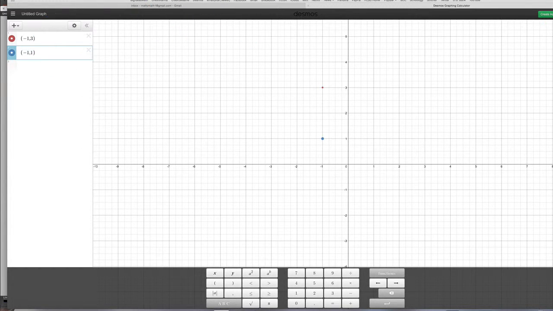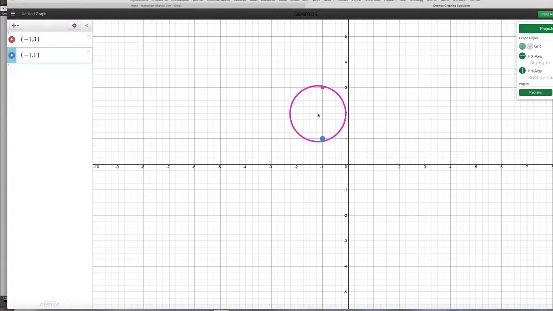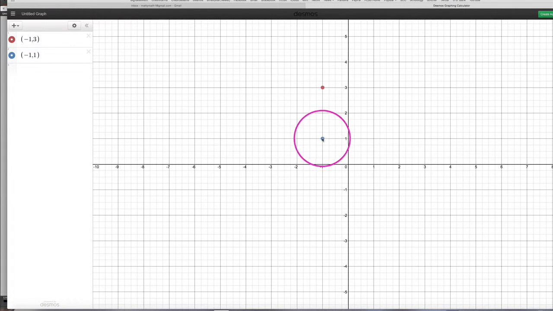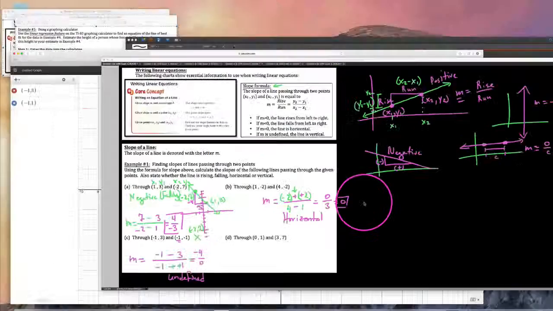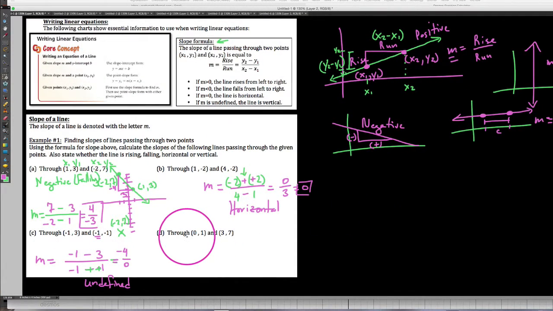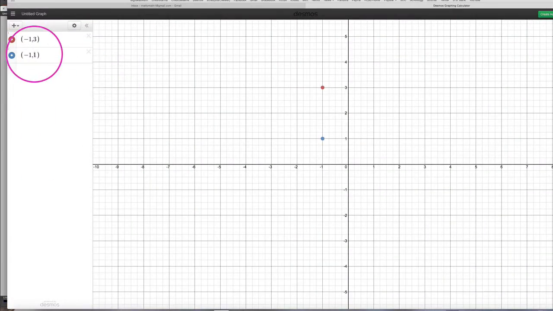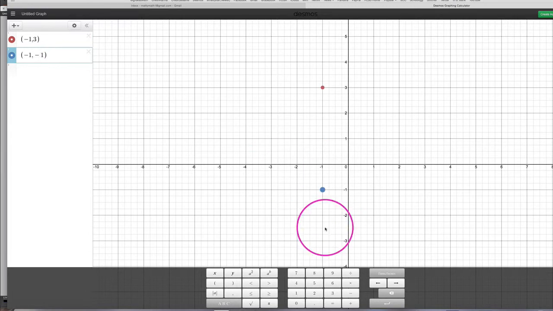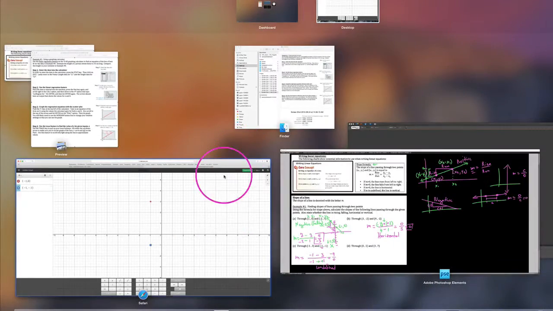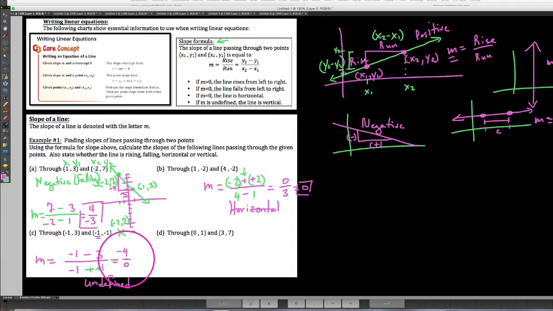We can see that these 2 points are located directly above one another. So the rise over run ratio here is it rises 2 but runs none. And if it rises 2 and runs none, then we're going to have an undefined slope here. Okay. So let's consider this. Oops. This is a -1 here. Okay, so it rises 4 and runs none. And as a matter of fact, that's what we calculated over here.